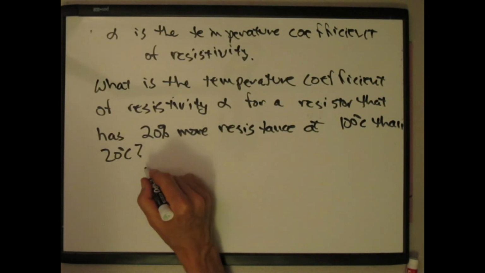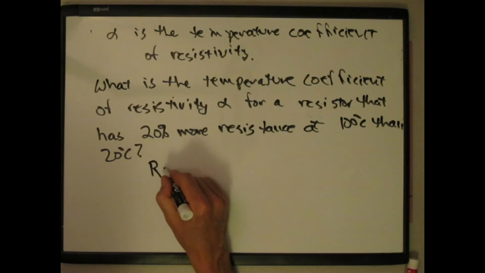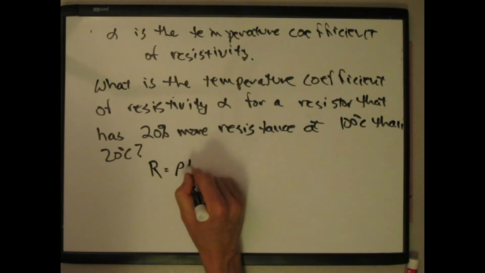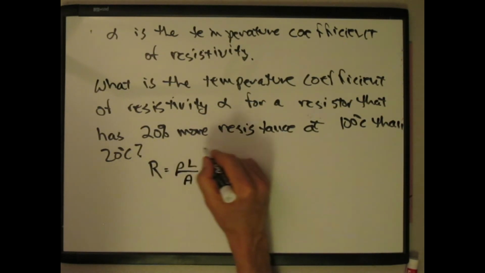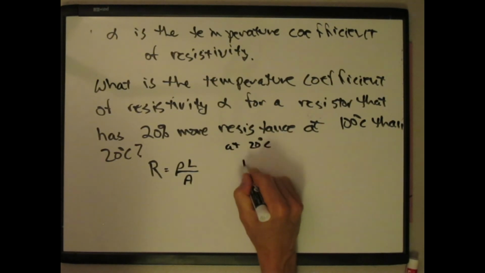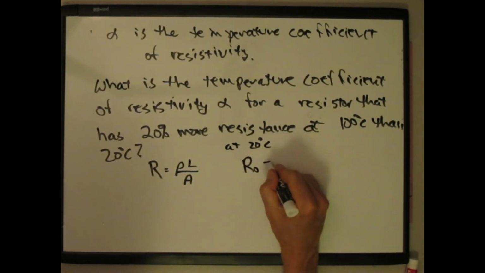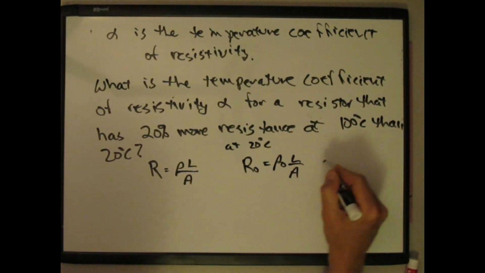And so if you look at this resistor, the resistance is rho L over A, right? And so we can say at 20 degrees C, the resistance, we'll just call it R naught, is equal to rho naught L over A, right?